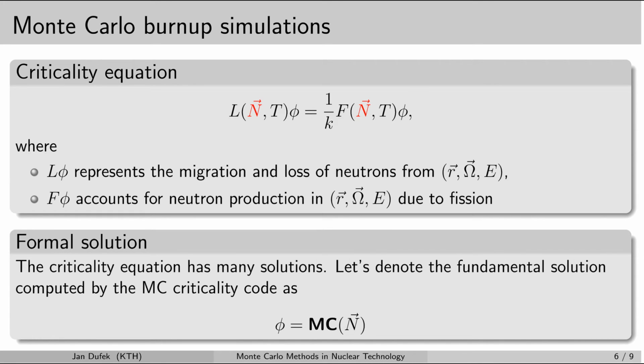As for the neutron flux solution, I'm going to be writing it in this form by the function mc, which depends on the nuclide field vector. In some of the next lessons I'm going to describe the coupling schemes.